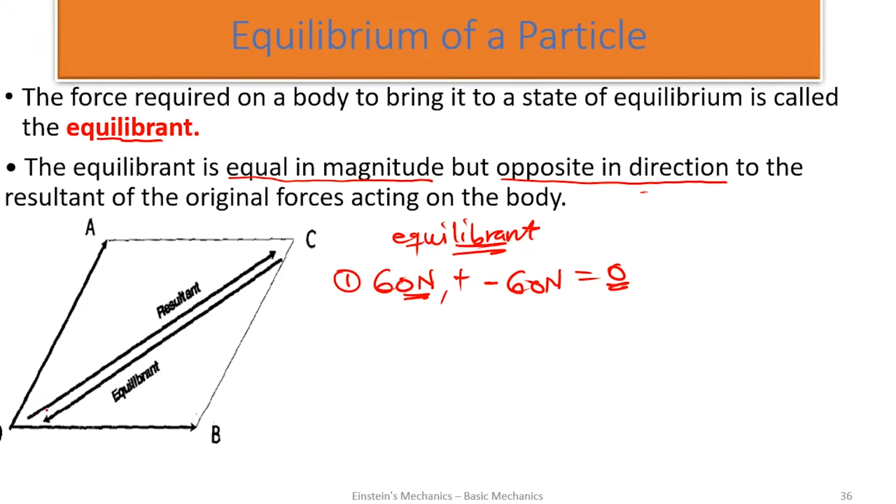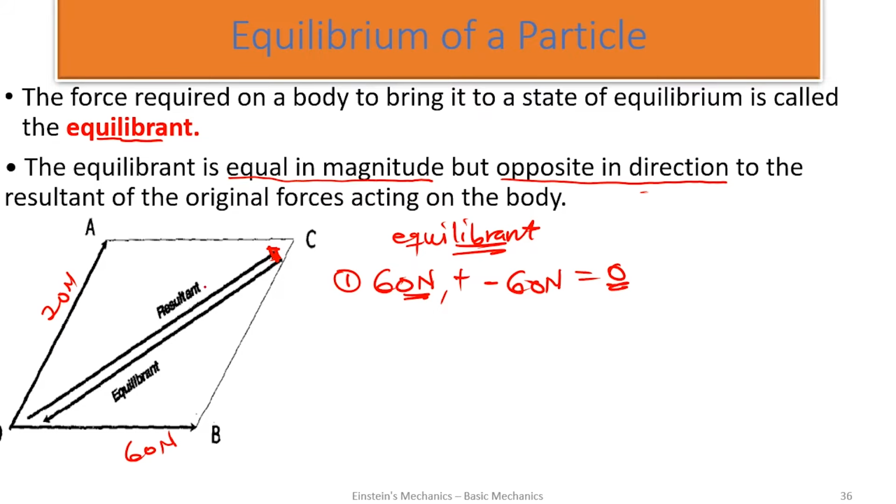So initially we have this diagram. If this is a 20 newton force, let's say a 60 newton force, and we found out that the resultant was this way. So this is the resultant, a single force that can be used to replace both these two forces.